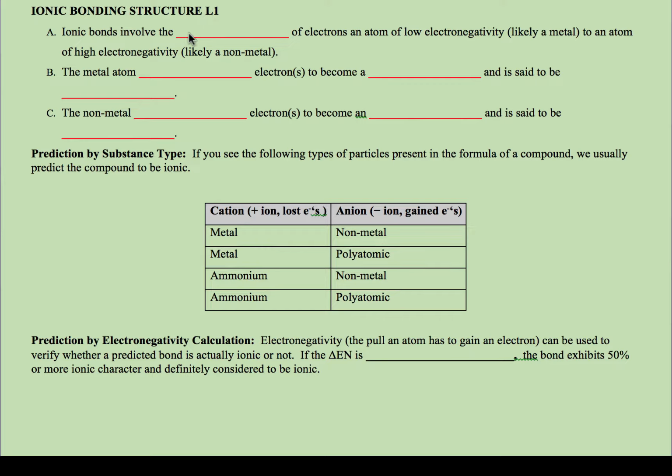Now, in ionic bonds, what we are looking at is the exchange, or the transfer, of electrons from an atom of low to an atom of high electronegativity. Metal atoms tend to donate electrons.